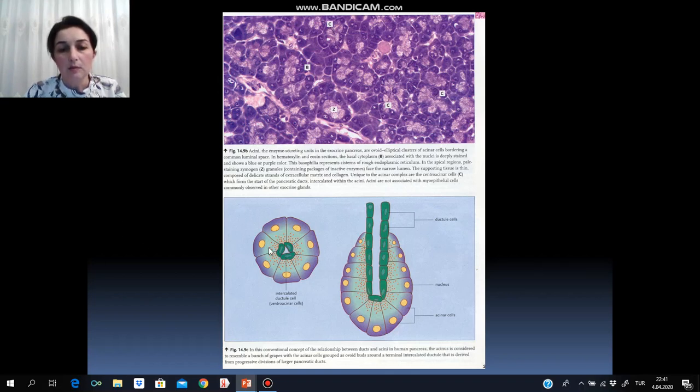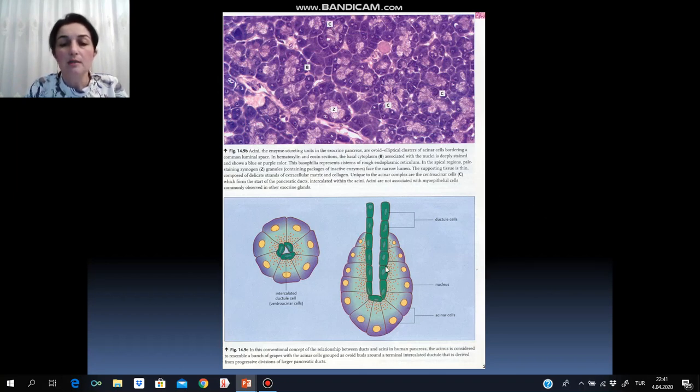But these centroacinar cells have receptors for the other hormone, that is secretin, and they also have receptors for acetylcholine. They are activated by these components.